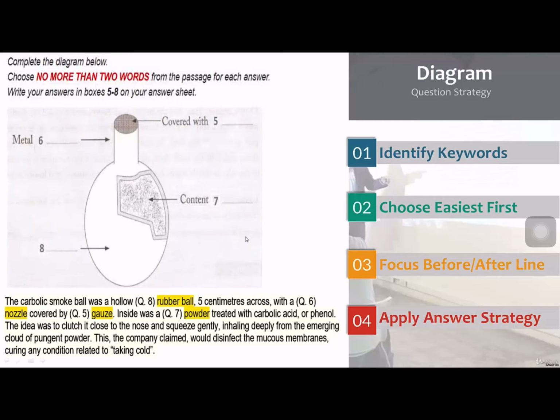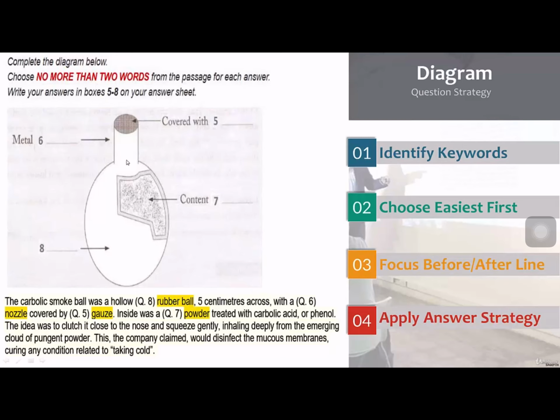When we look at this one here, we can see how in the paragraph, it says the carbolic smoke ball was a hollow, right, rubber ball. So here they're pointing to the fact that it's hollow. So the answer for number 8 is going to be rubber ball, right? 5 centimeters across with a nozzle, right?